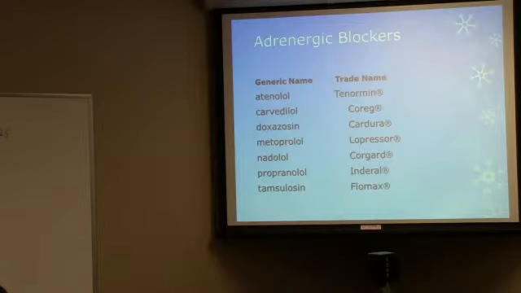If it is OSIN, alpha. You write that down? It doesn't matter which drug I give you, look at the ending. The ending is going to be indicative of what drug that is. I'll give you any drug that's on this chart and ask you if it's beta or alpha, and all you have to look at is the ending. If it is OSIN, it's alpha. If it's OLOL, it's beta.